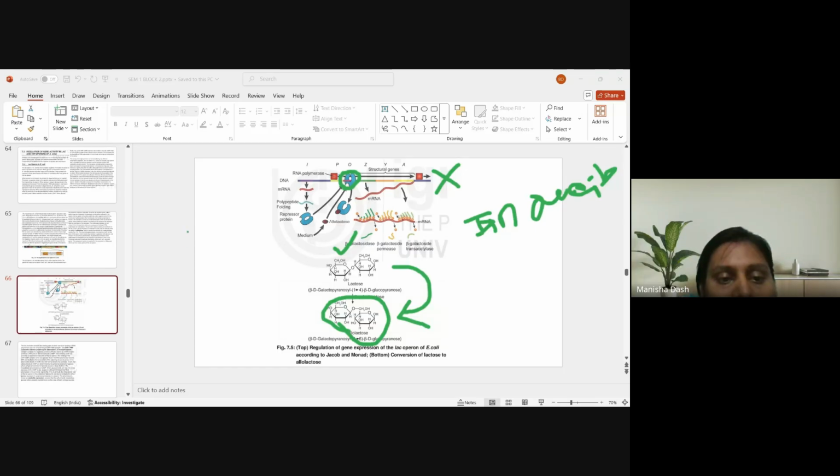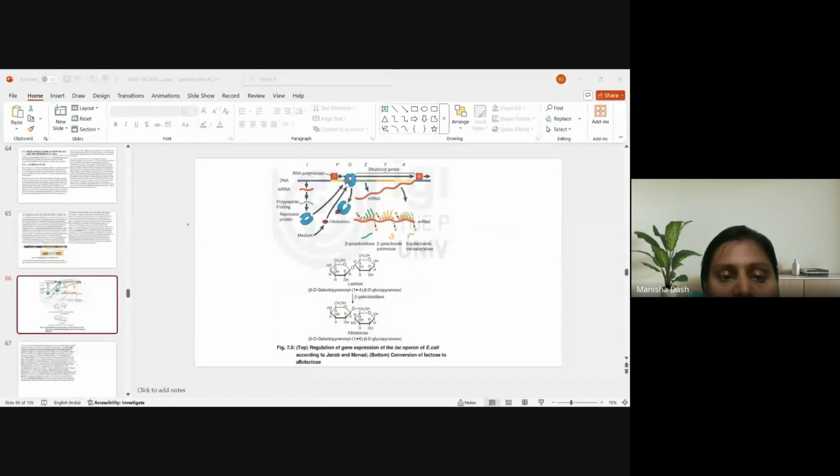Due to the binding of the allolactose, the repressor can no longer remain bound to the operator. It will be released from the operator site. As the repressor is released, now the DNA is accessible to RNA polymerase. So RNA polymerase will move and mRNA will be synthesized, and we can say that the gene is expressed or the gene is turned on.